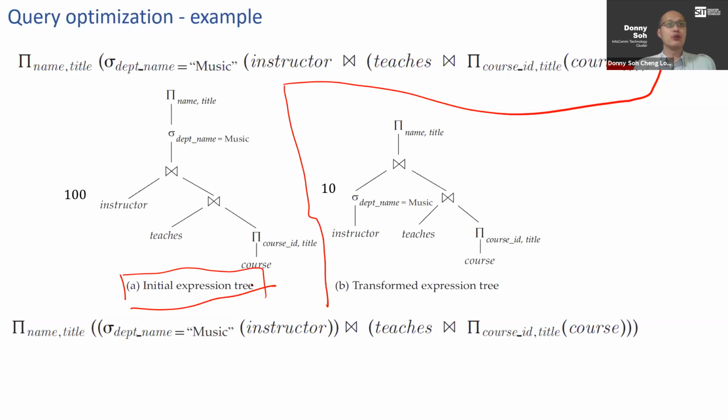Okay, so what we tend to see is that the initial expression tree may be an expensive operation, meaning that this is not optimized yet. There are ways that we can optimize this initial tree.